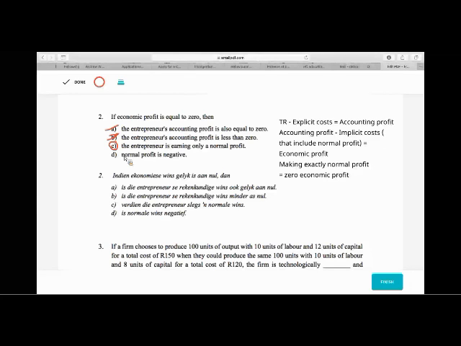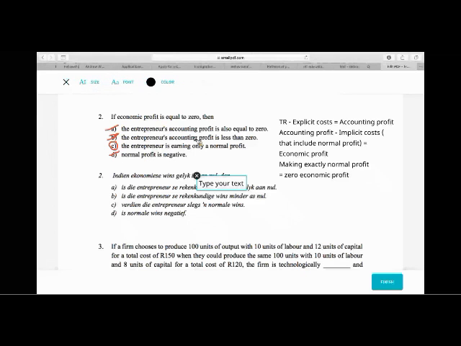You are making normal profits of your industry. And then D, if economic profit is equal to zero, then normal profit is negative. That can't be true, because if your normal profit is negative, then essentially the profit of the industry will be negative, and that will automatically take you into an economic loss. So D can't be correct either.